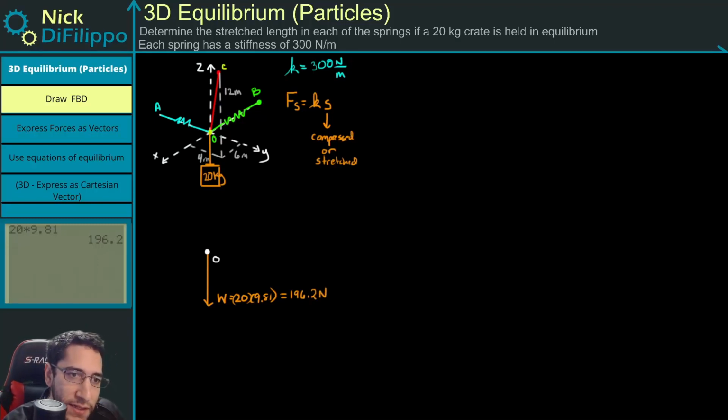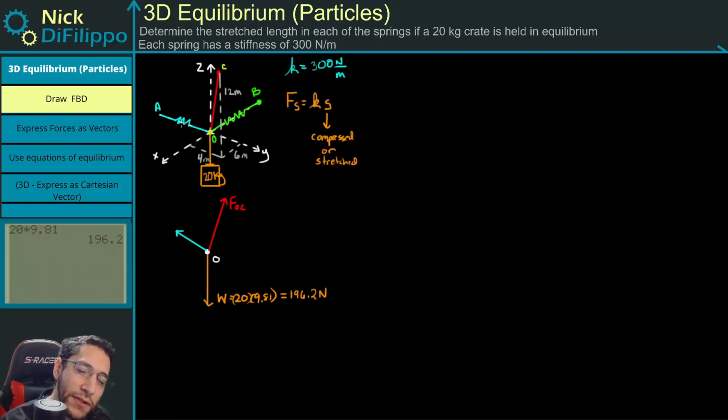Okay, so what else do I have? I have this red line from O to C, and this is a force along a line, so we know this force is going to follow this line. We'll call this some force OC. We also have the spring forces. You have to think about them a little to figure out where your spring force is. Is it going this way or this way?